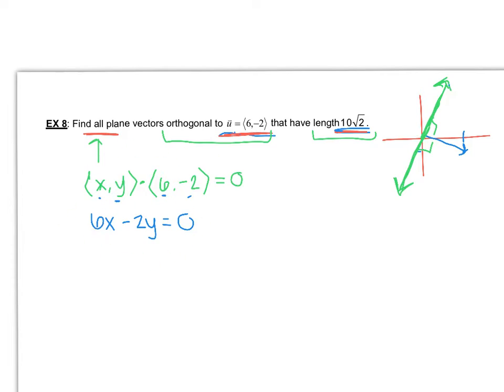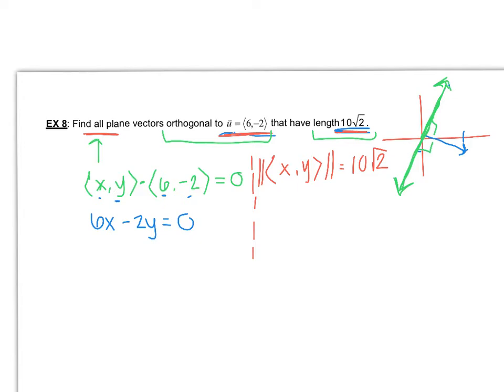Now we're going to move over to this fact that we're looking for a specific length of 10 root 2, because that will give us our second equation. If we are told that our vector, remember we're just calling it xy, has an exact magnitude of 10 root 2, well, we know how to find the magnitude of a vector.